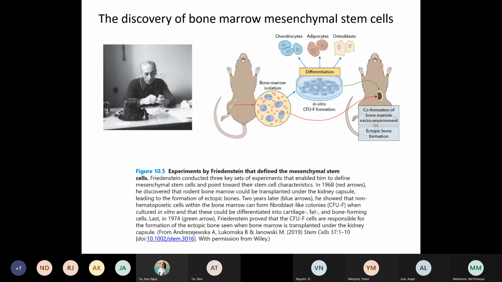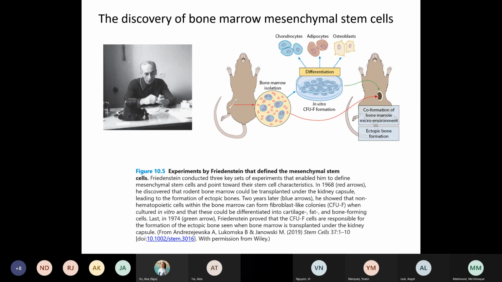Then he continued to work on that because he was trying to figure out what cells differentiated into bone under the kidney capsule. So he tried to replicate that observation in culture. He felt that if some cell becomes bone under the capsule of the kidney, those cells should be able to differentiate toward bone tissue in culture, in vitro.